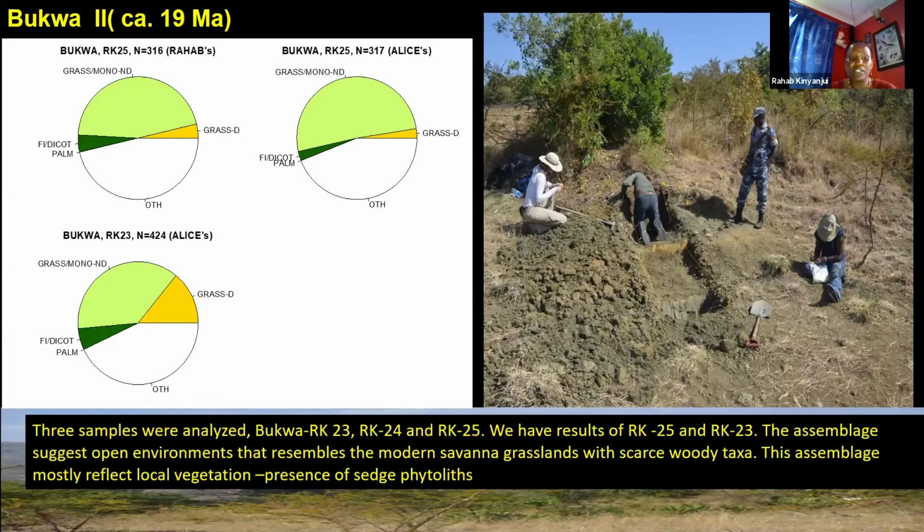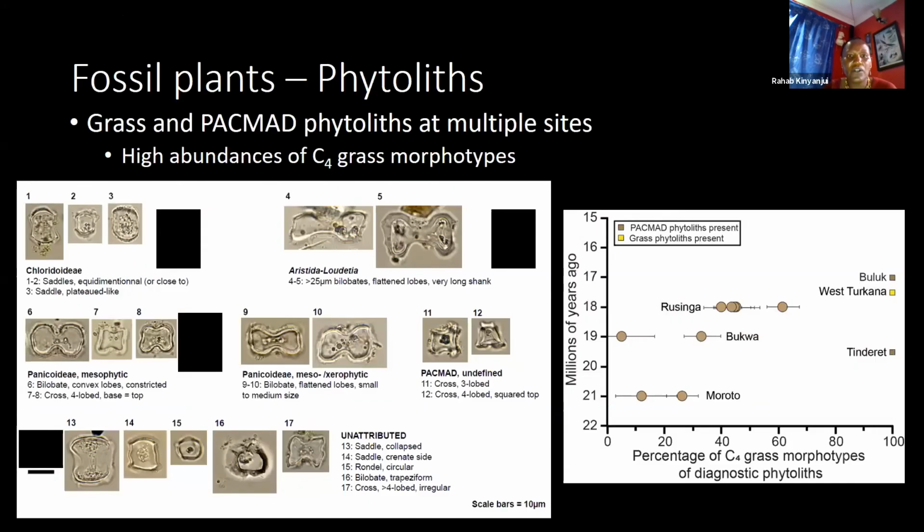This assemblage mostly reflected the local vegetation because we had a lot of sedge phytoliths, showing that it was within a basin. So the higher abundance of C4 grass morphotypes reflects the presence of C4 grasslands within the Miocene sites.